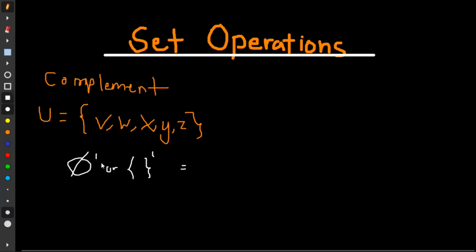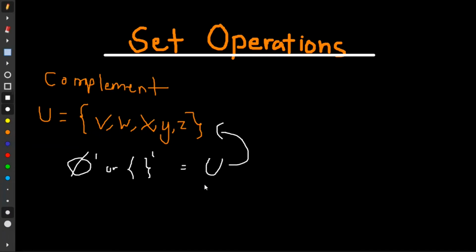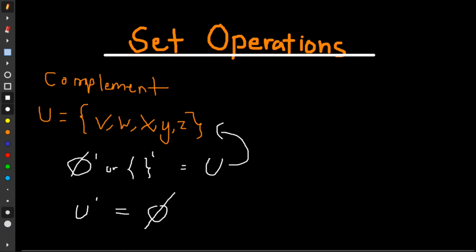Since the empty set is a set where there are no elements, its opposite is the universal set, because the universal set contains all elements. An empty set does not contain any element. Similarly, when we find the complement of the universal set, the outcome is the empty set, since the universal set contains all elements and the empty set has no elements.